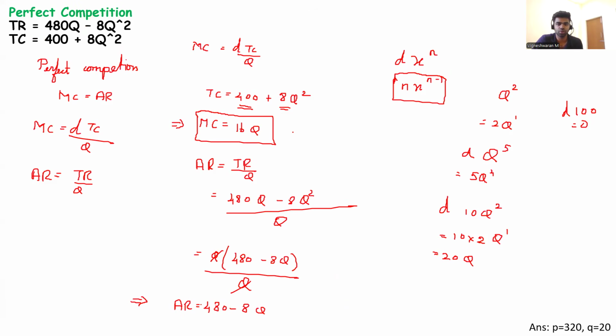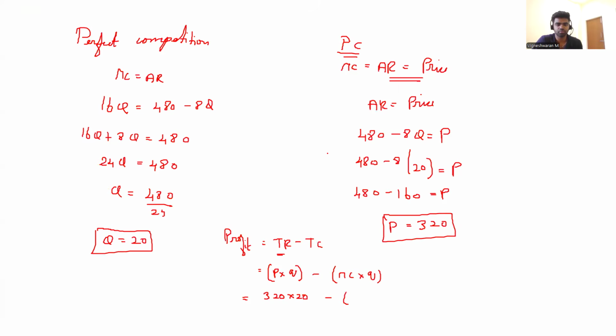MC is 16Q, that means 16 into 20, that is 320. So it will be 320 into 20 minus 320 into 20, so it will be 0. So profit is equal to 0. That's all. This is perfect competition.